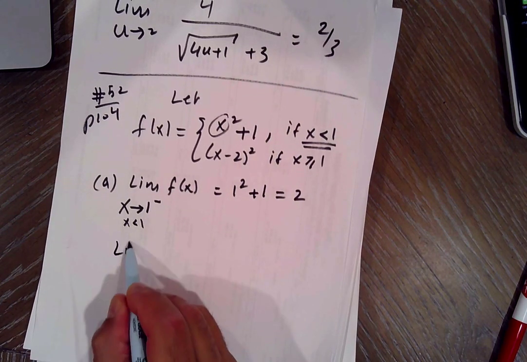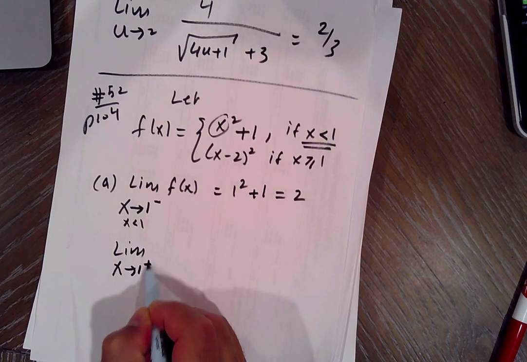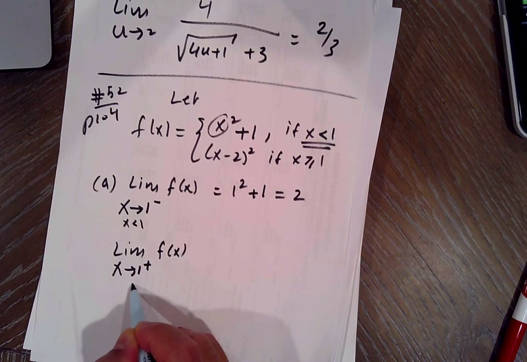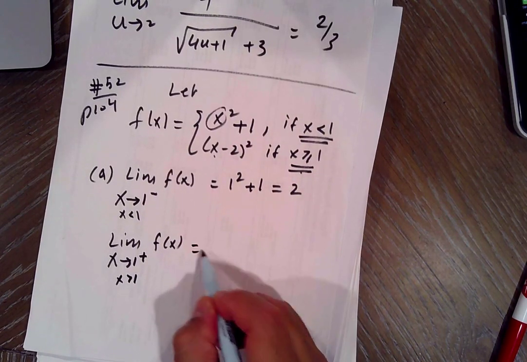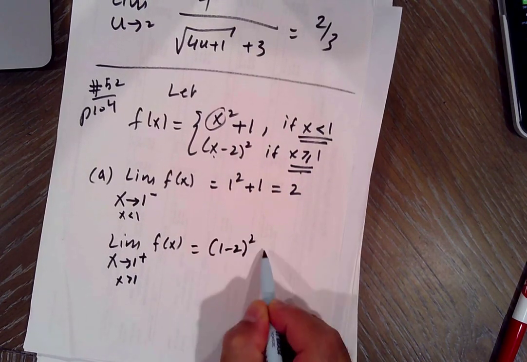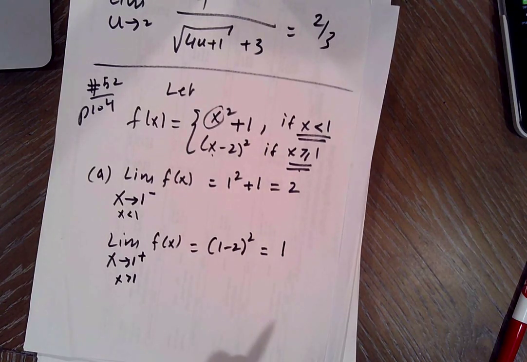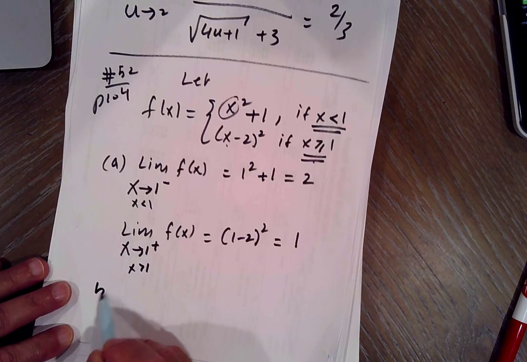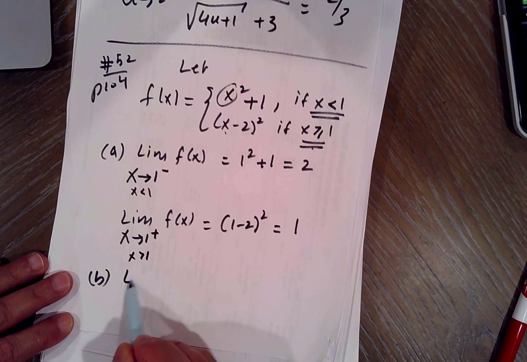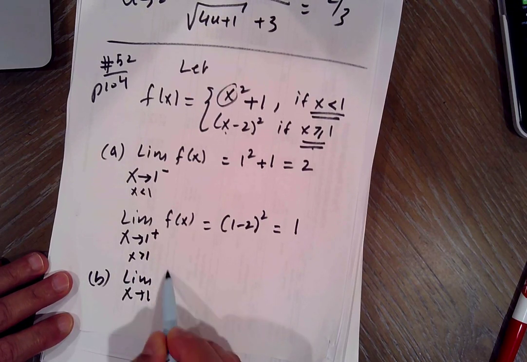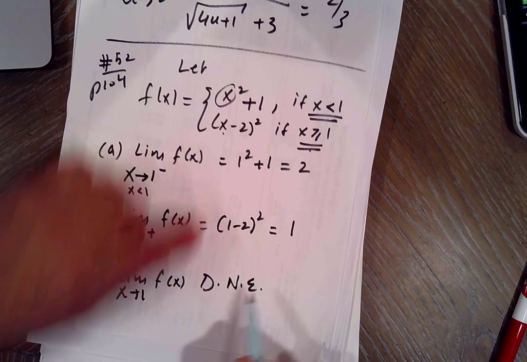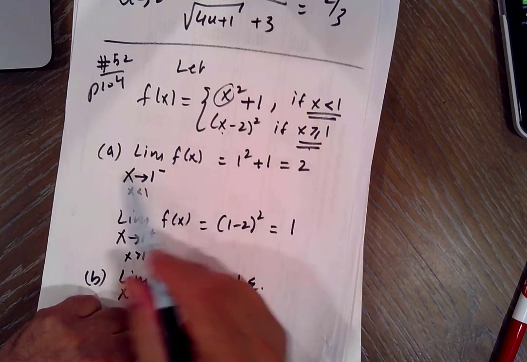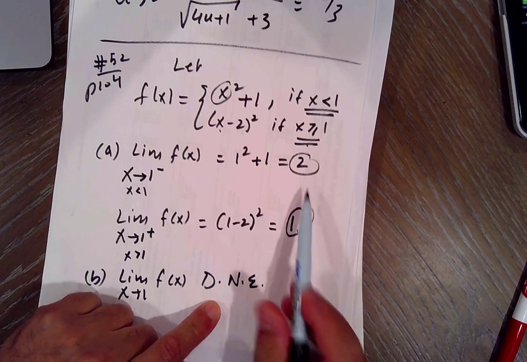What's the limit as x goes to 1 from the right? 1 from the right is greater than 1. So that's right there. If you plug 1 in there, 1 minus 2 squared, negative 1 squared is 1. Now, does the limit as x goes to 1 of f of x exist? This does not exist. Why doesn't it exist? Since the left limit and the right limit don't equal.